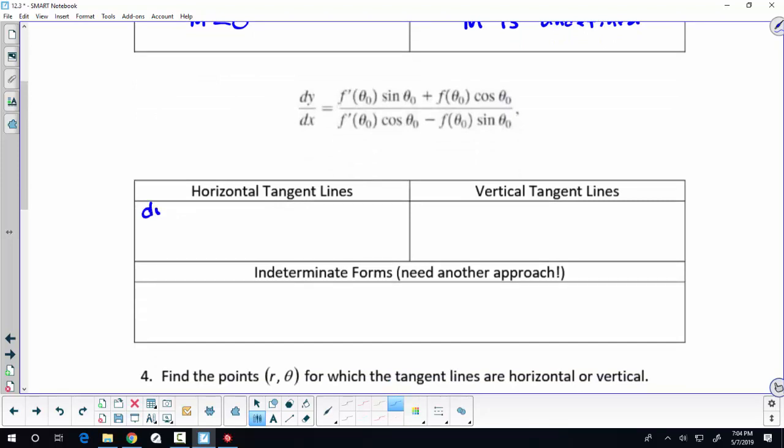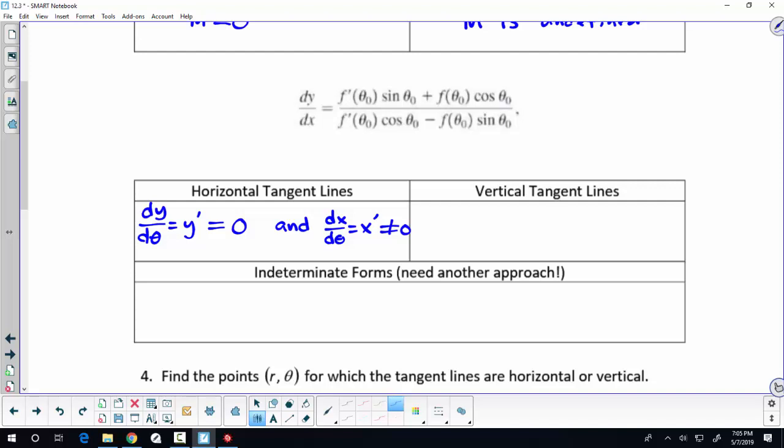So dy over d theta, or y prime, equals 0, and the denominator dx over d theta, or x prime, is not 0. That's how we locate horizontal tangents.